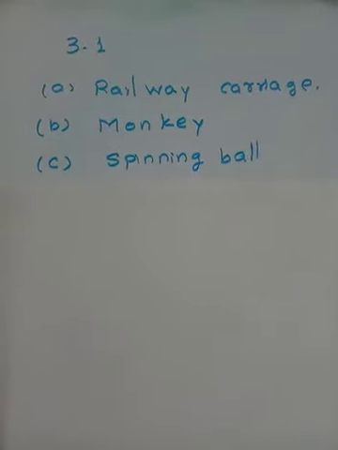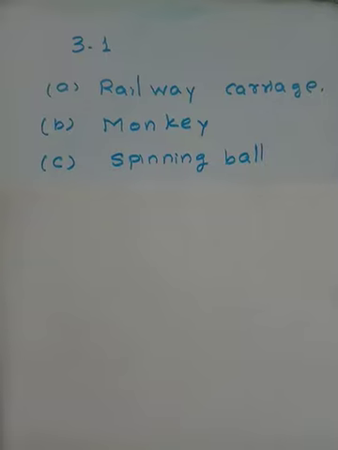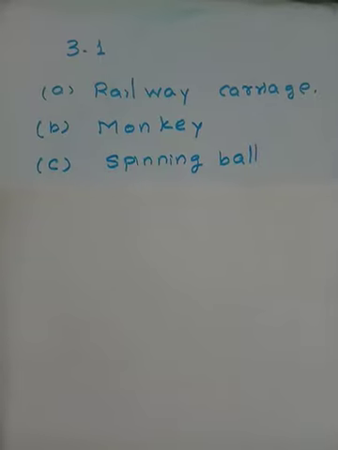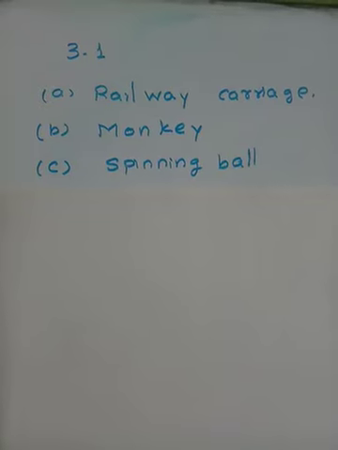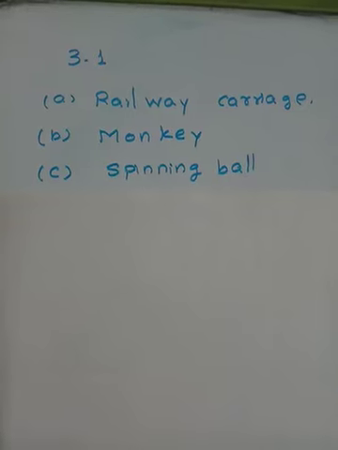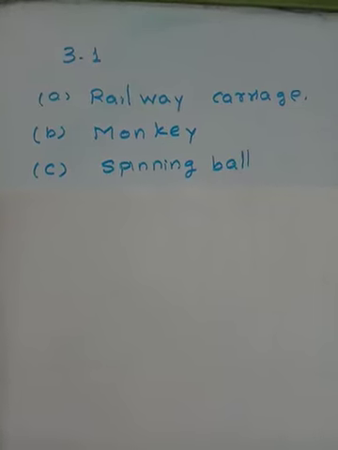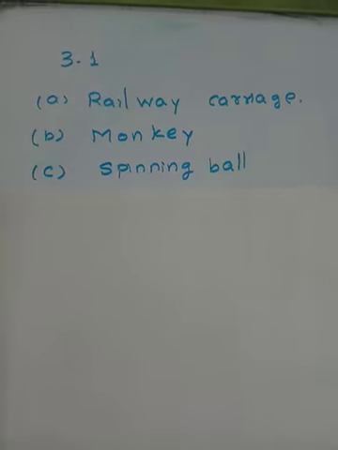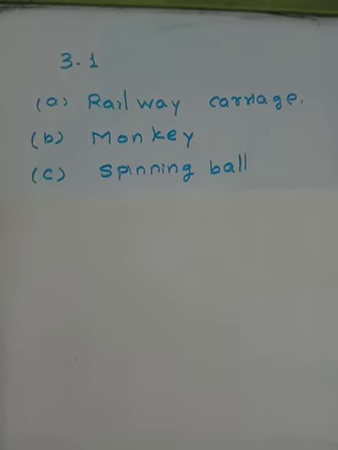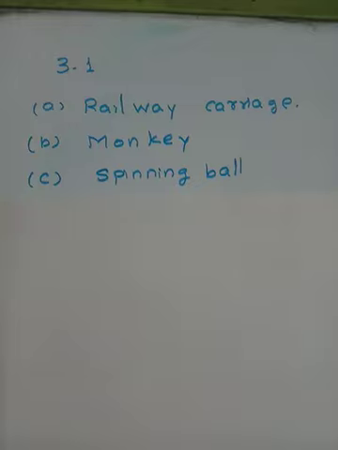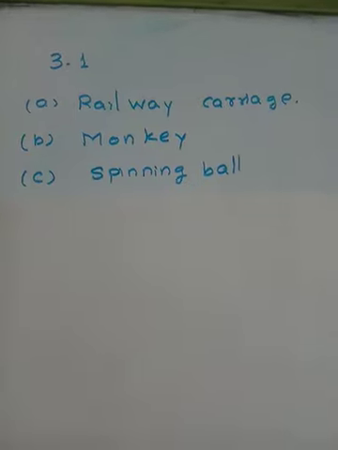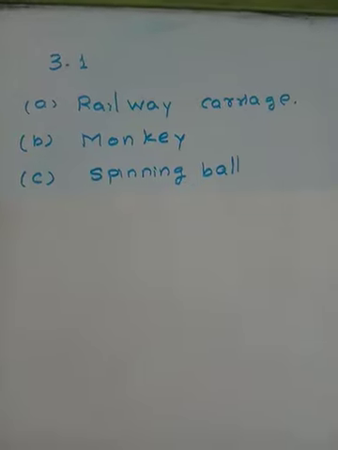Now the next one is interesting. It is a spinning ball. Now spinning means rotating ball. Now if you want to study the rotation of anything, how do you come to know whether the body is rotating or not? There should be 2 points on the body which are moving with reference to each other, and these points could be like this.